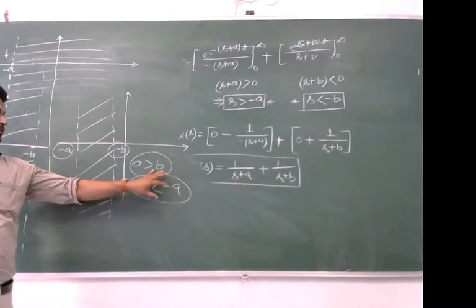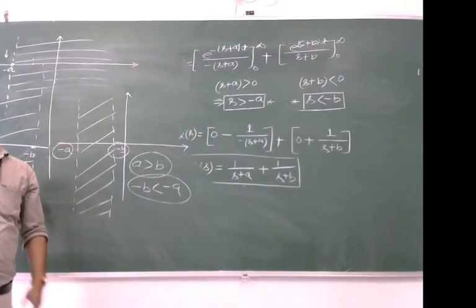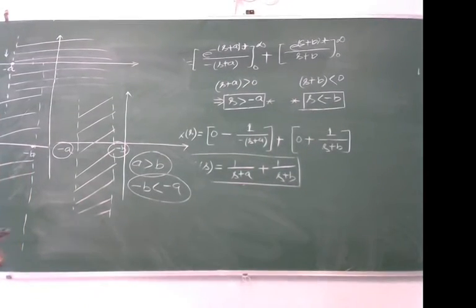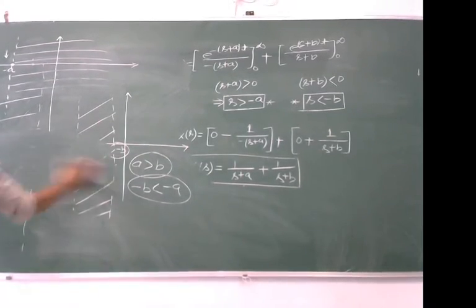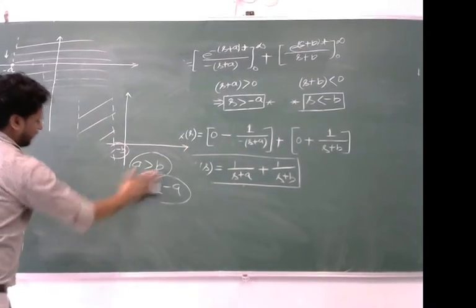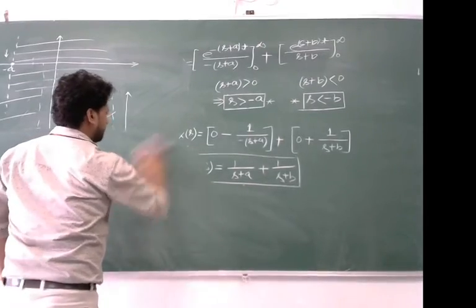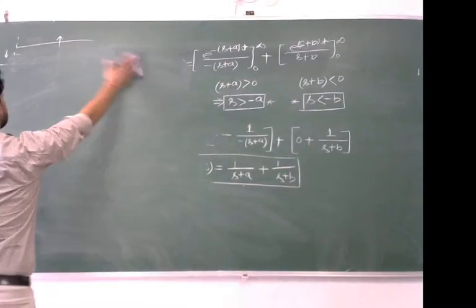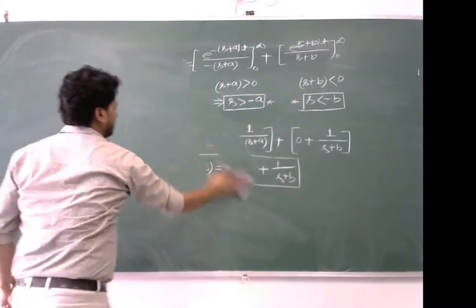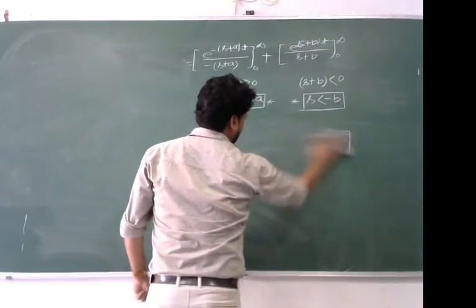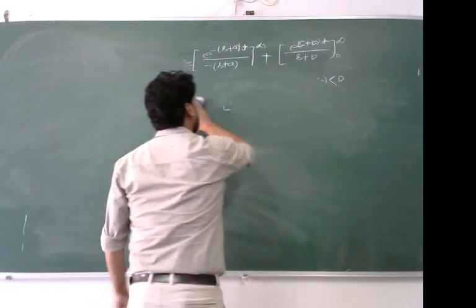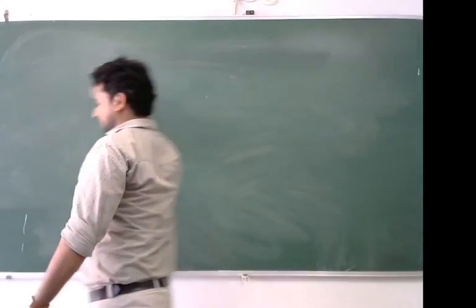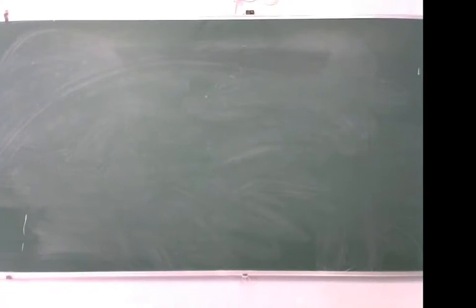Only then can we find the Laplace transform of the given function e power minus at u of t minus e power minus bt u of minus t. This is the important condition on sigma, that it should lie between minus a and minus b.